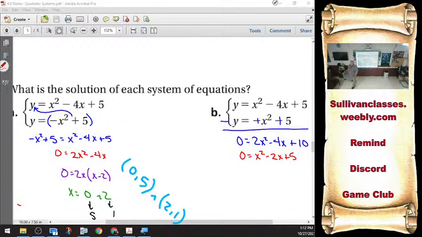Riddle me this, Batman. What factors of positive 5 add up to negative 2? Okay, I can't go straight for no solution just because it's not factorable. If it's not factorable, I need to complete the square or quadratic formula.